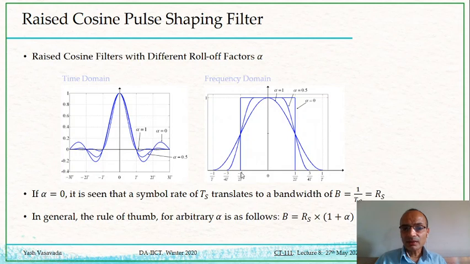The width of that rectangle in the frequency domain is exactly the symbol rate R of S. So if we make alpha equal to 0, our bandwidth in the frequency domain is exactly the symbol rate.